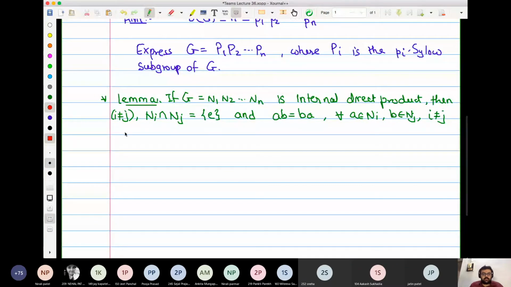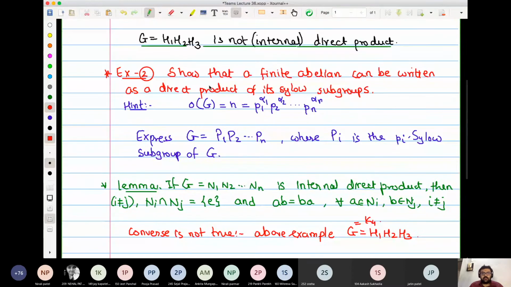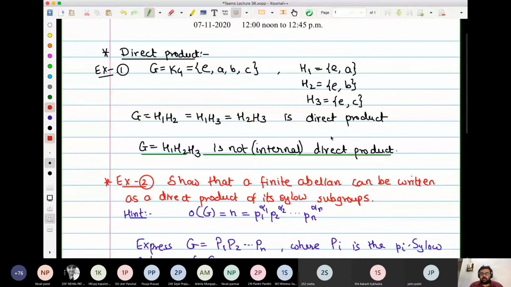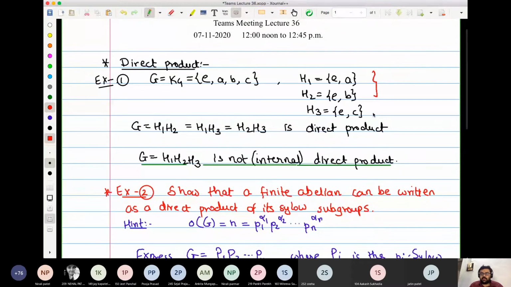But what about the converse? The converse is not true. And we have considered the above example for that case. Above example, G equals H1 H2 H3, right? And this is nothing but the Klein four group. We have seen that this is not an internal direct product, but you can see here the intersection of these two is trivial. H1 intersection H2 is identity.